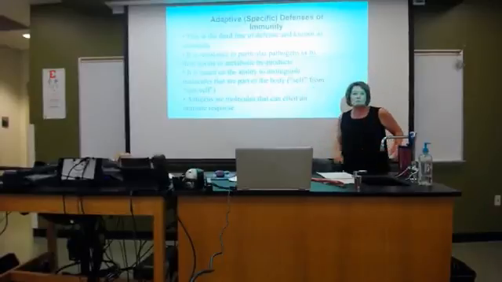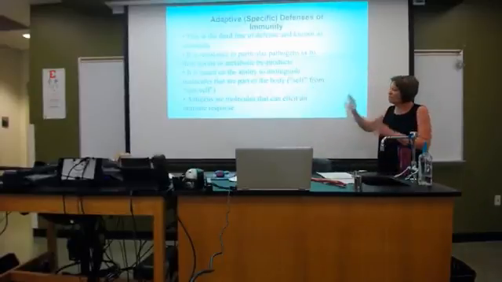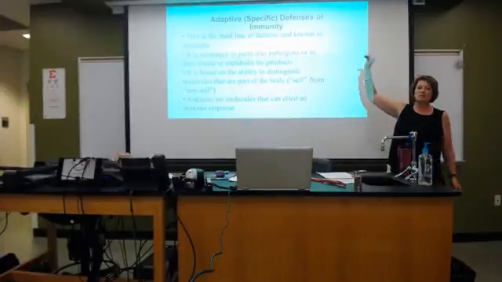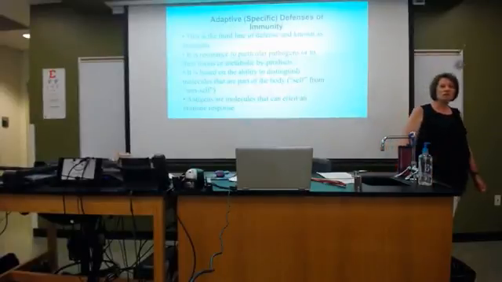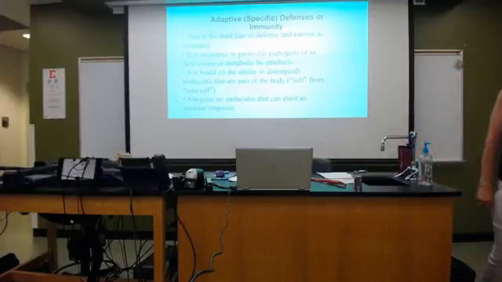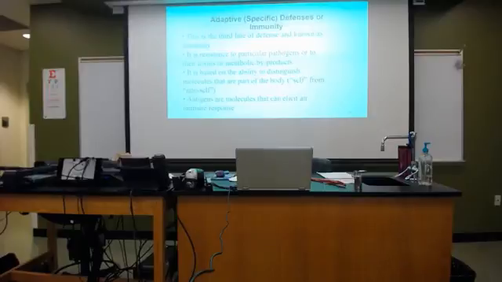We now have to move into adaptive defenses. It's no longer innate. What does that term mean anyway? What does innate mean? Natural. Natural, just the way it's supposed to act.